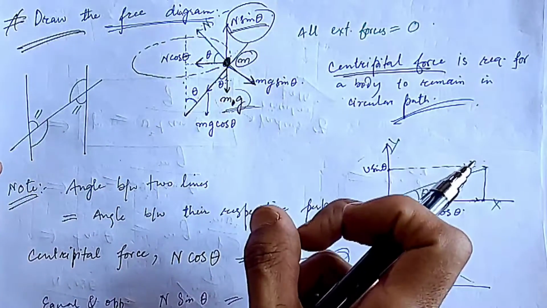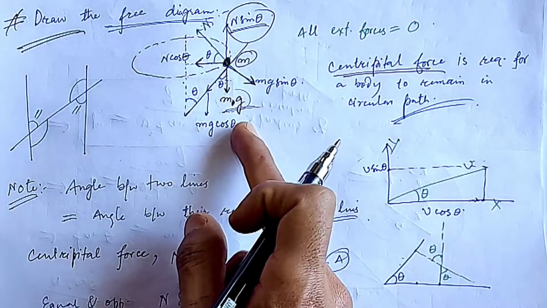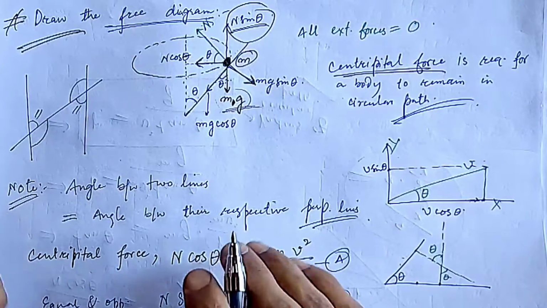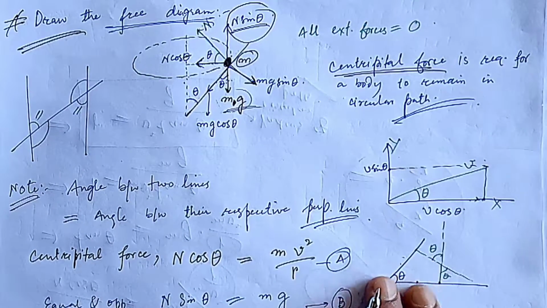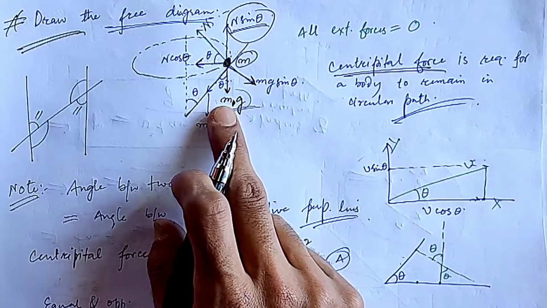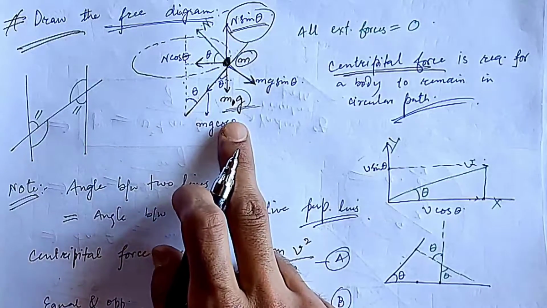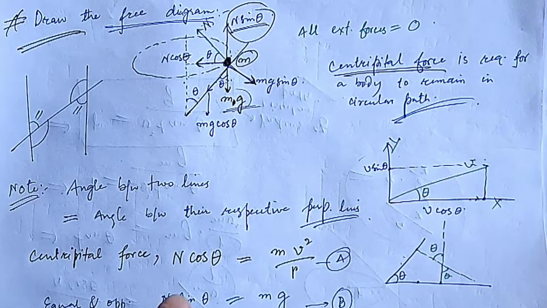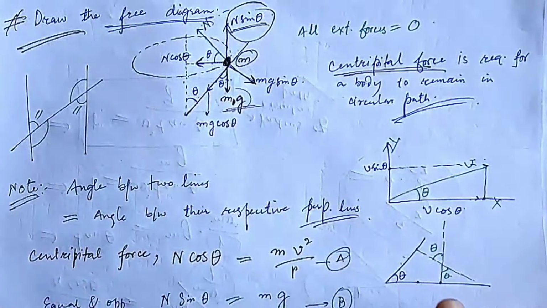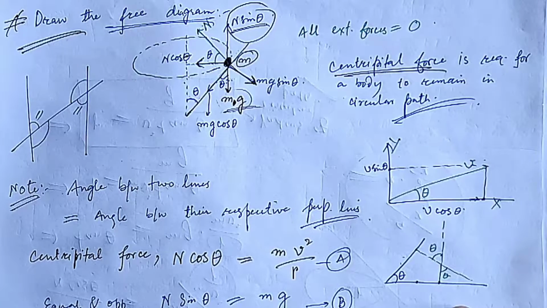If you have drawn the diagram perfectly, then you can solve the problem very easily. That's why I have taken a lot of time on this problem, in order to make you understand the free body diagram of this problem. So I hope you have got this problem as well.